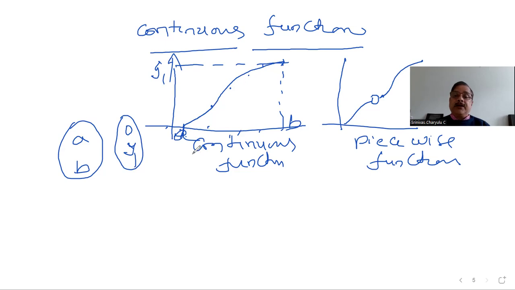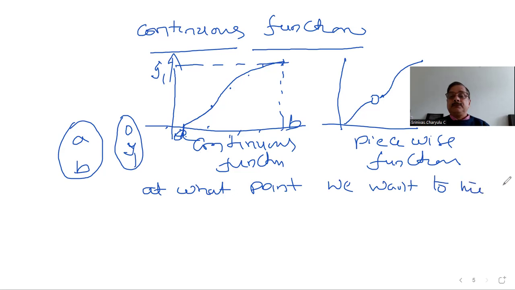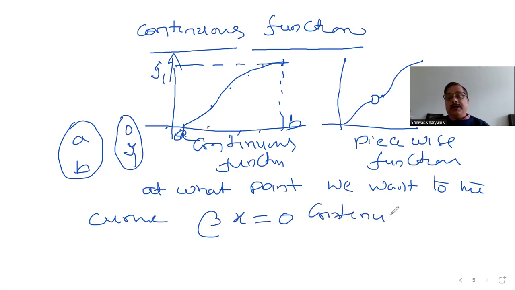To know whether a function is continuous or not, there are two tests. One is at what point we want to test the curve. Let us say I want to test x equal to 0 on one curve. To know whether a curve is continuous at x equal to 0 or not, what I will do is approach 0 from the left-hand side and approach 0 from the right-hand side.